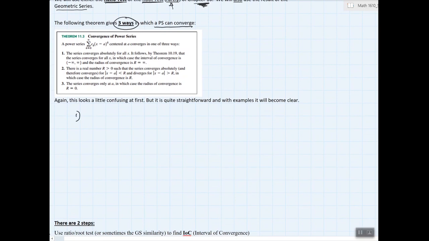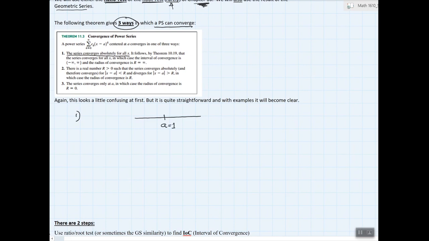The first way, it says the series converges absolutely for all x. What that means is, this is my center of convergence. You can choose a to be whatever you like, and if you want you can say okay, it's 1.